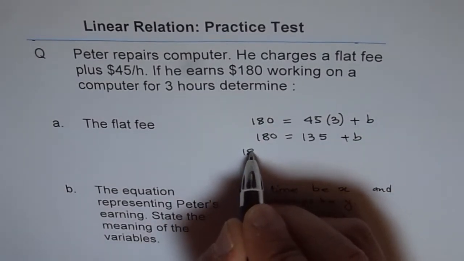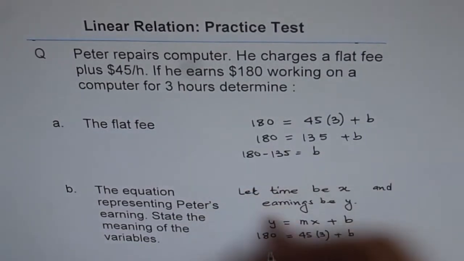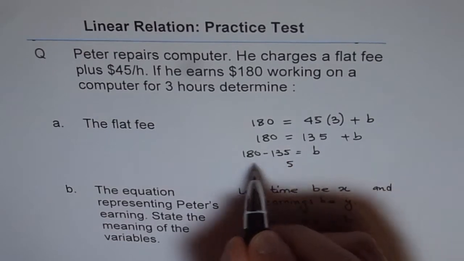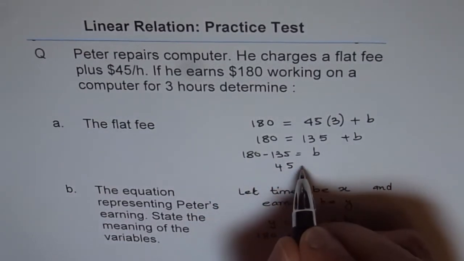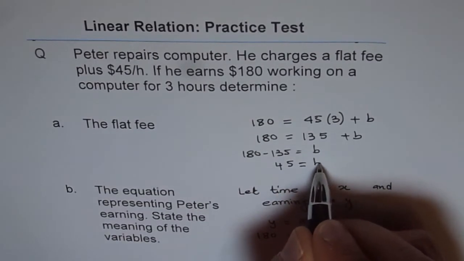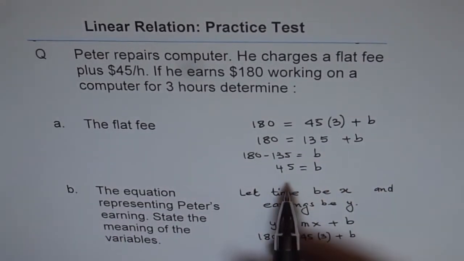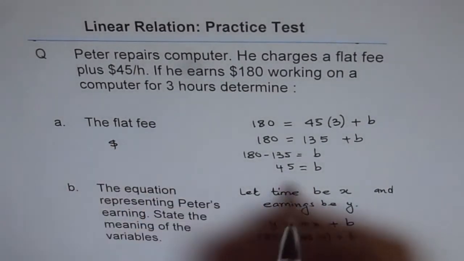So 1.80 minus 1.35 gives you the value of b, correct? So the flat fee is $1.45.